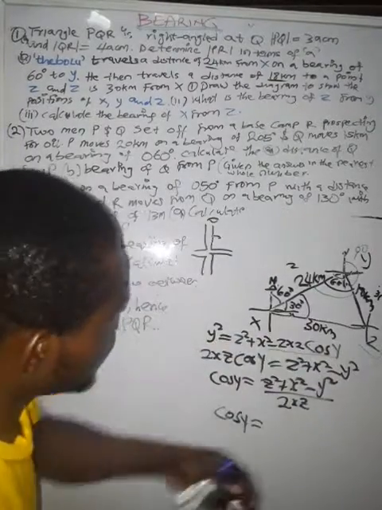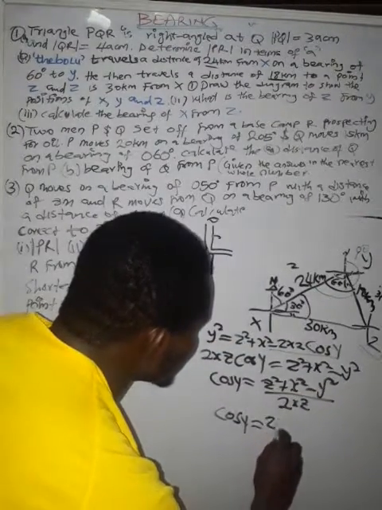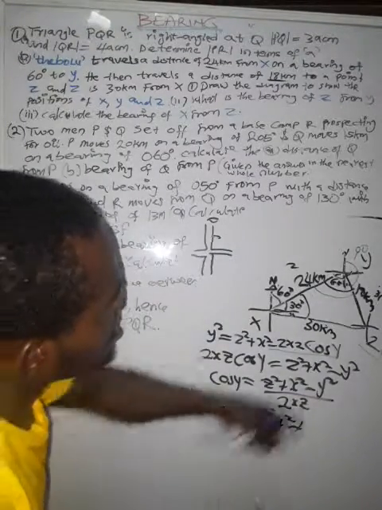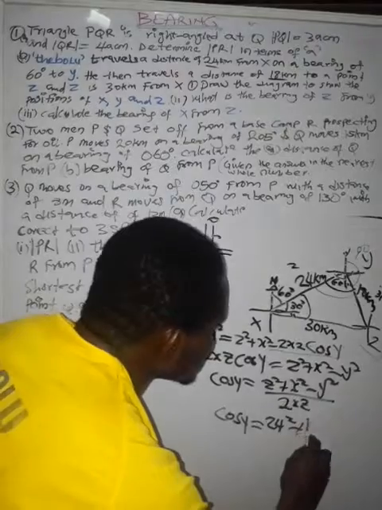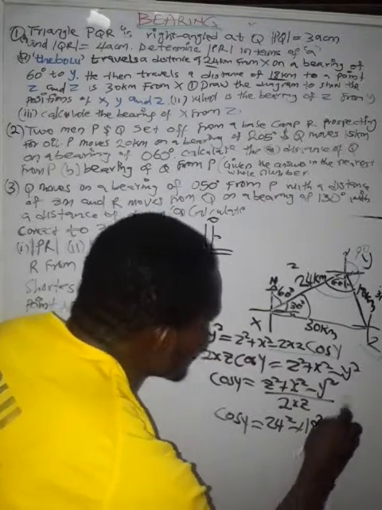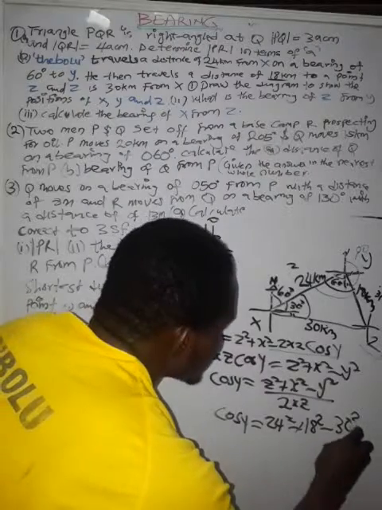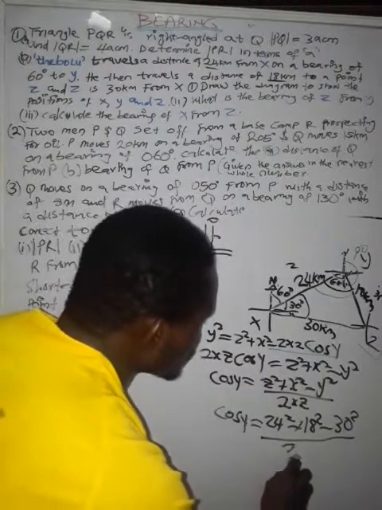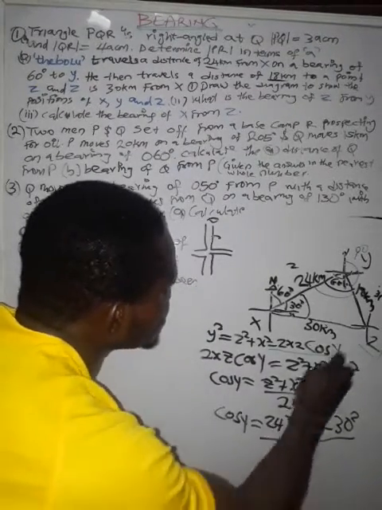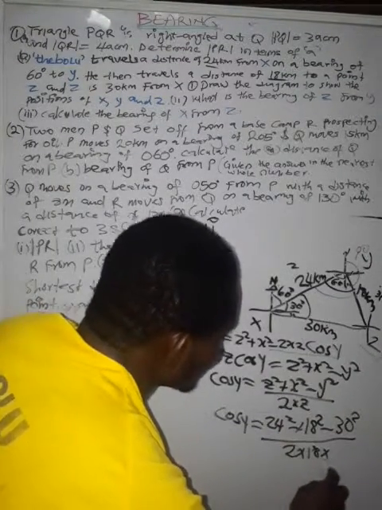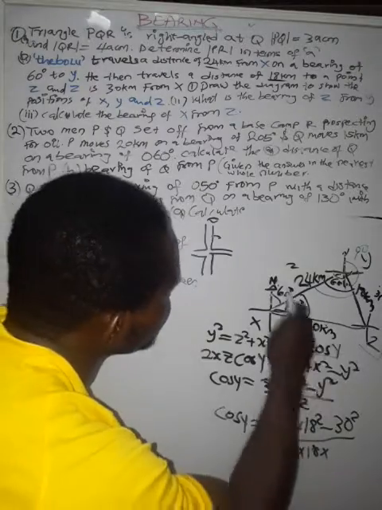Value of z, 24. So 24 squared, then plus value of x, 18, that is 18 squared, then minus value of y, 30 squared, over 2 times value of x, 18, times value of z, 24.